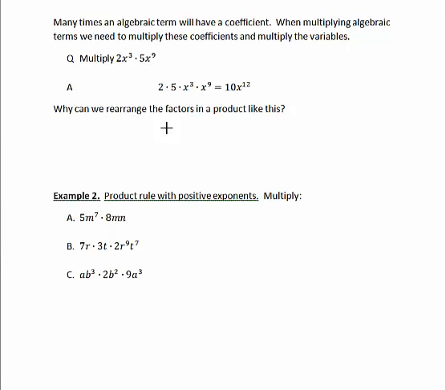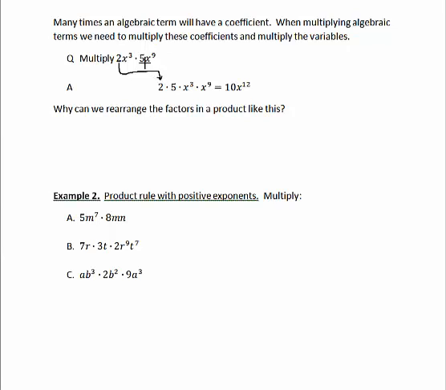Okay, so what do we do if these expressions have coefficients? Okay, so we have bases, x, x, we have exponents, 3 and 9, and we have coefficients 2 and 5. Well, the order of multiplication doesn't matter.